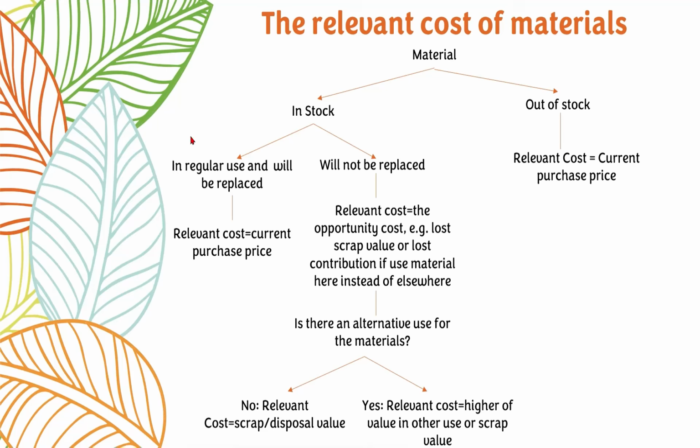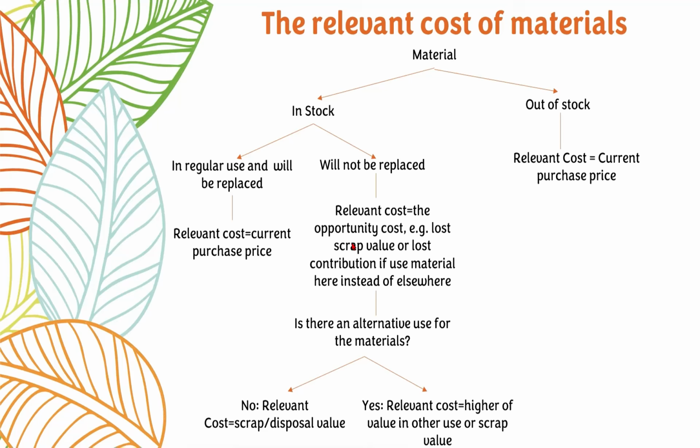So in case it is in regular use and can be replaced easily, the relevant cost will again be your current purchase price. But in case it can't be replaced, the relevant cost will be the opportunity cost.